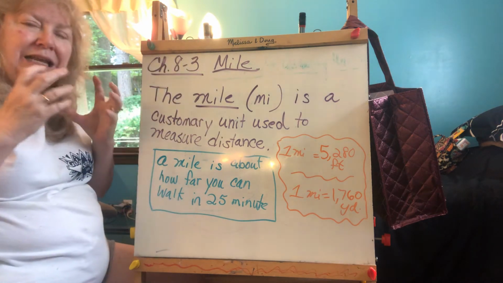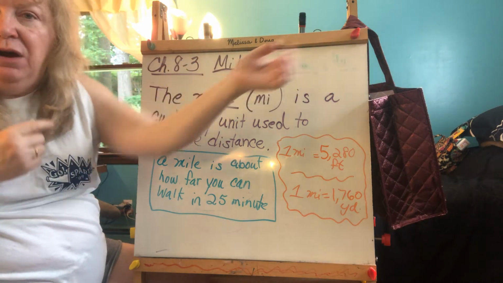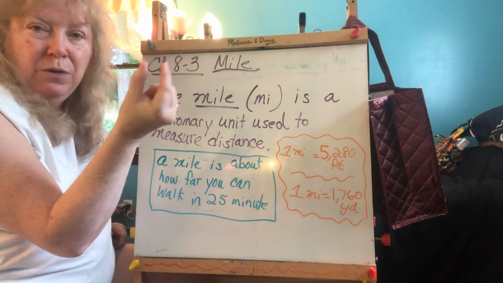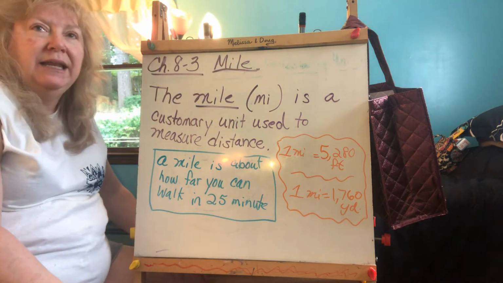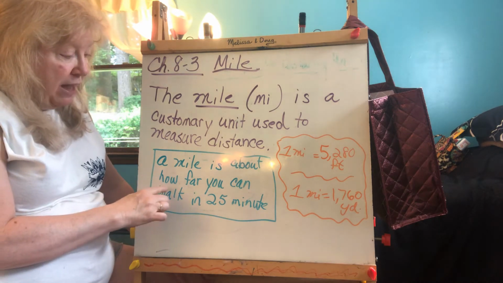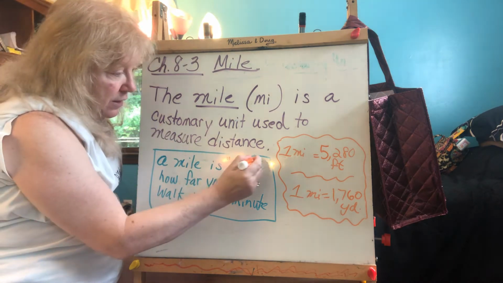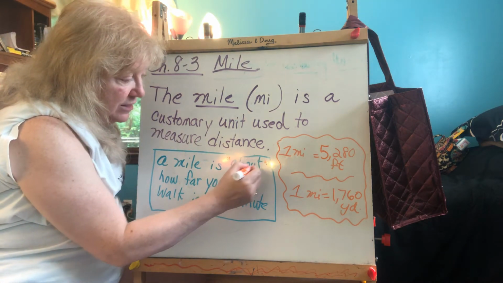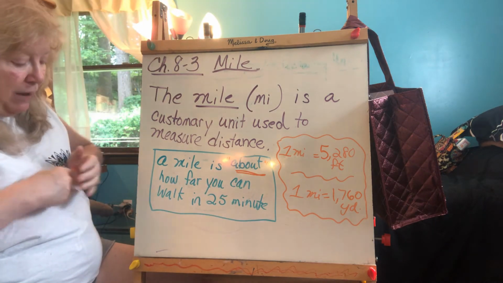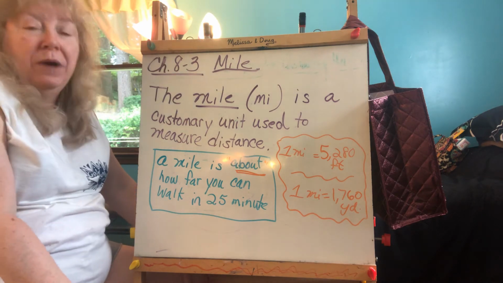If you wanted to get an estimate, just like we said, this was about a yard, and this was about a foot, and this is about an inch. Well, if you wanted to get an idea of how far a mile is, it's about how far you can walk. Notice about. It's not exact, it's an estimate, okay? It's about how far an average person could walk in 25 minutes.